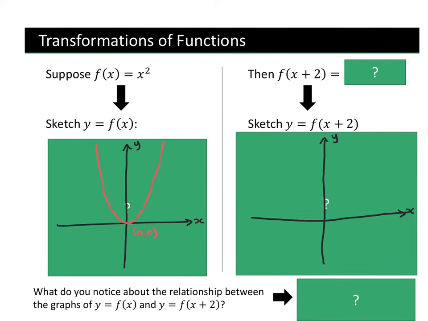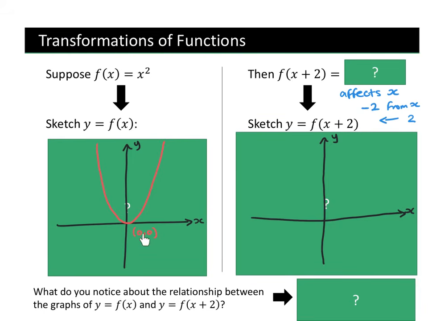Because it's plus, we're going to do the opposite of what it says. Instead of add 2, we're going to minus 2 from all of the x coordinates. So what that means is we're moving in the left direction twice.